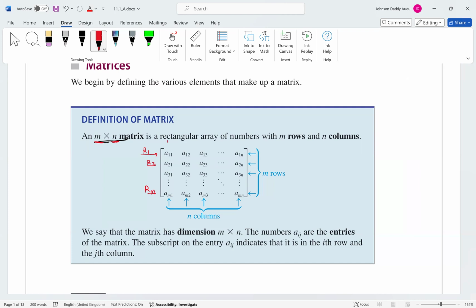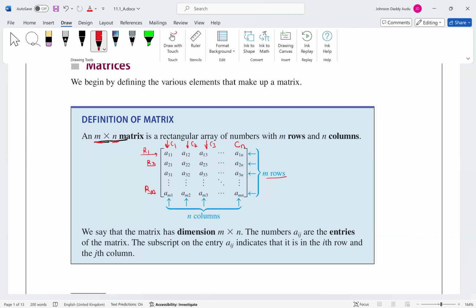And these are the columns. This is column 1, column 2, column 3, up to column n. So we have m rows and n columns.